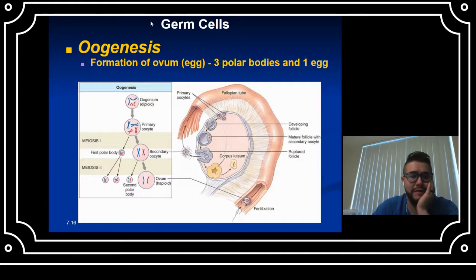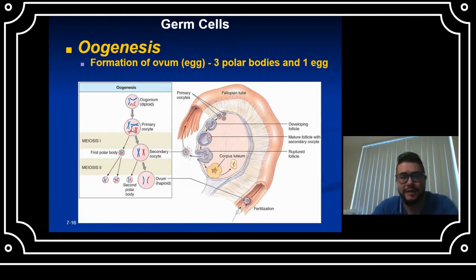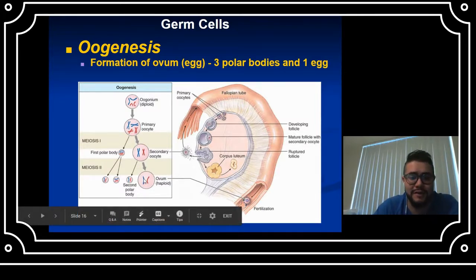Oogenesis is when you form an ovum or an egg. Instead of forming 4 eggs through cell division, what happens is you just form one large egg and you have these secondary polar bodies. Polar bodies are nothing more than cell membrane and DNA. What happens in this case is that the cells divide unevenly, and they put all of their nutrients and resources and cytoplasm and organelles into this one super large cell, which becomes the ovum, which again is the egg, which can be fertilized.